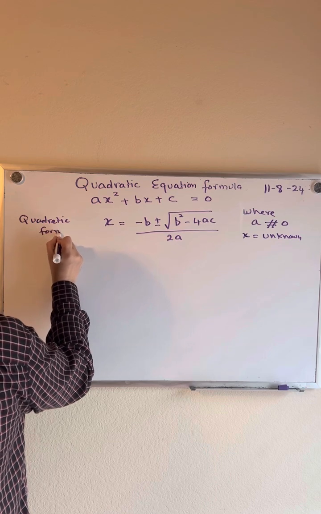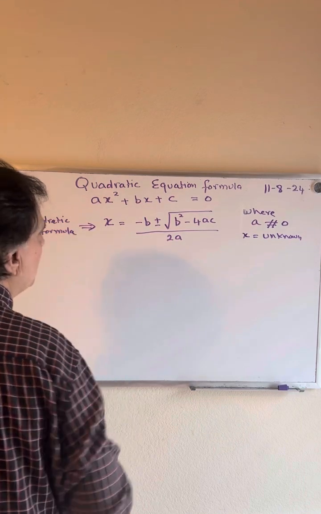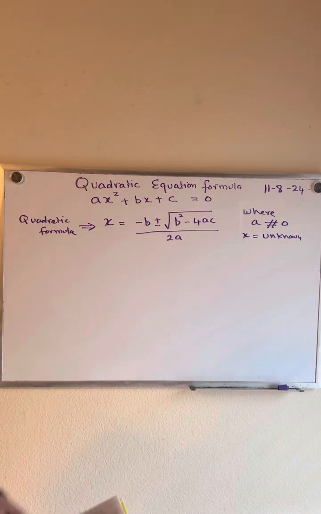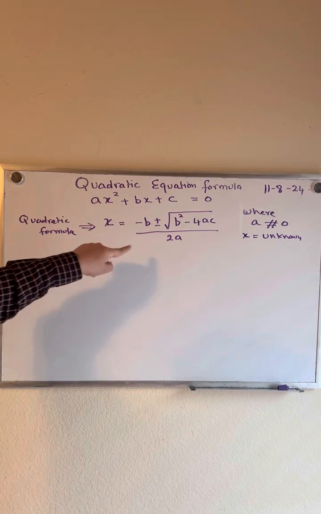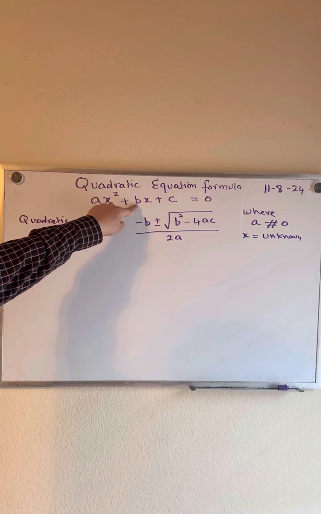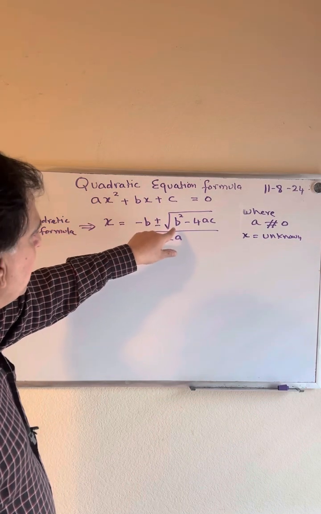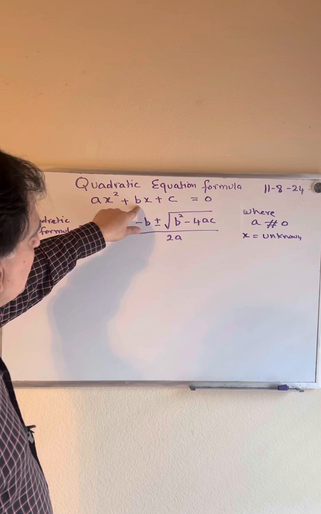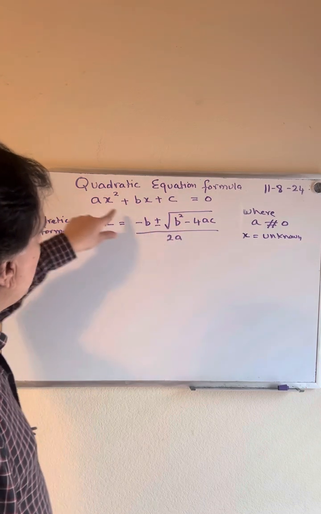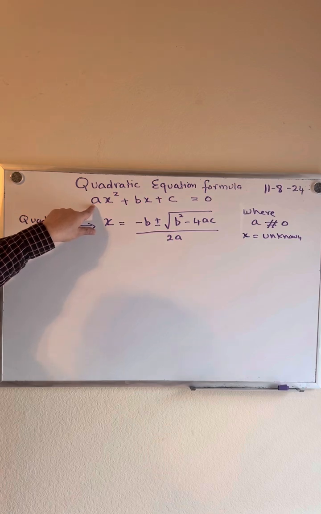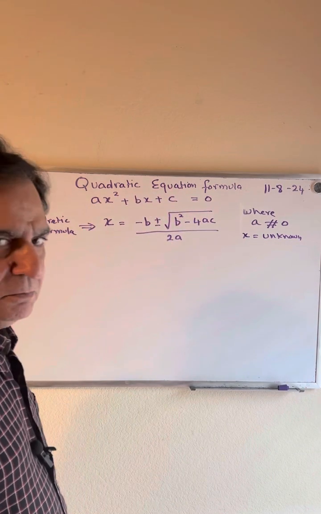Because you're going to use that in your exams, in your tests. So this is the formula: x is equal to minus b, where b is the coefficient associated with linear x, plus or minus the square root of b squared, again, b is the coefficient associated with linear x, minus 4 times a, which is the coefficient associated with x squared, times c, which is the constant.